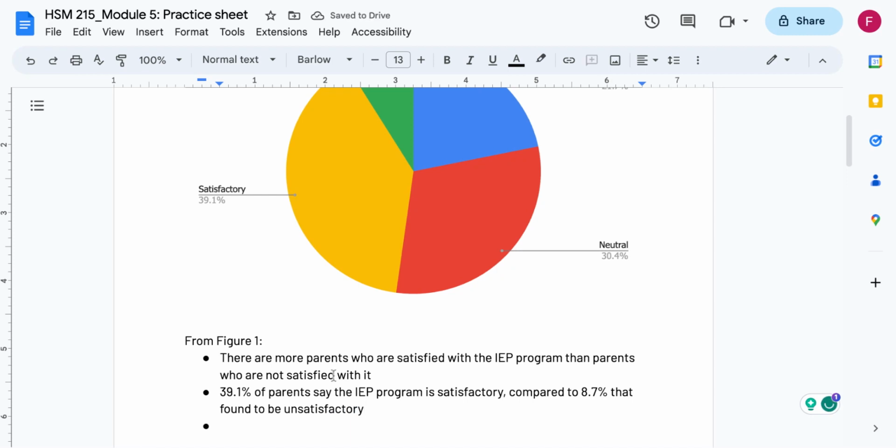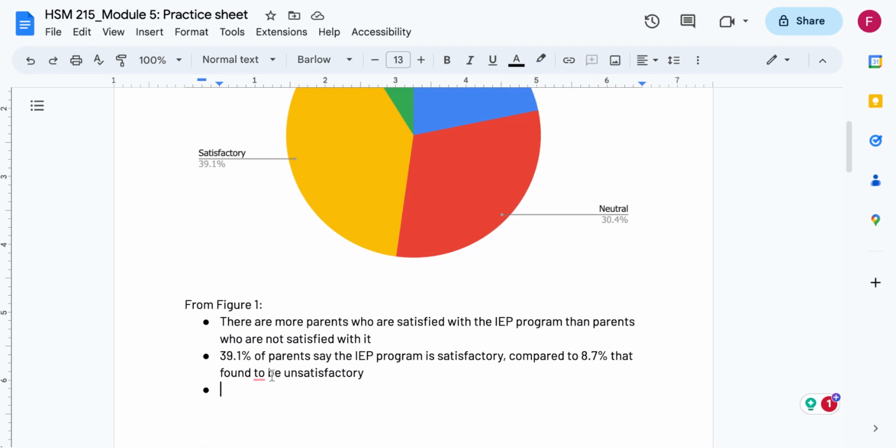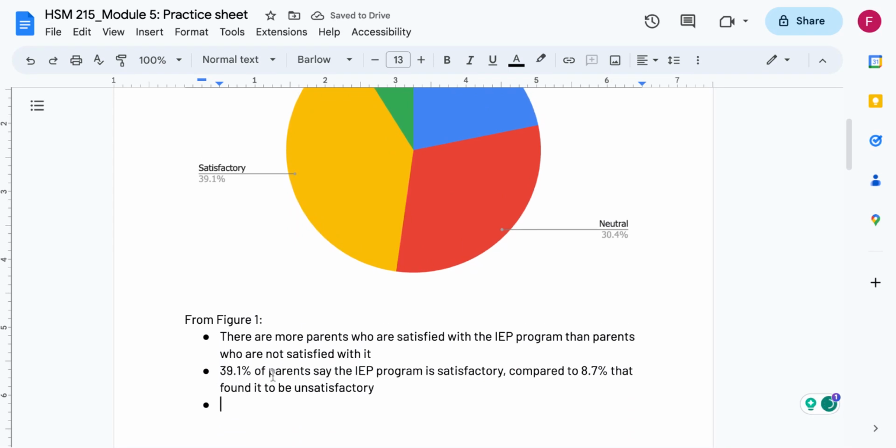But there's also more information that we can find here. We see that 30.4% said the program was neither satisfactory nor non-satisfactory. We may want to include that information so that it helps us understand that while more parents said that they were satisfied, there are quite a number that were neither here nor there.